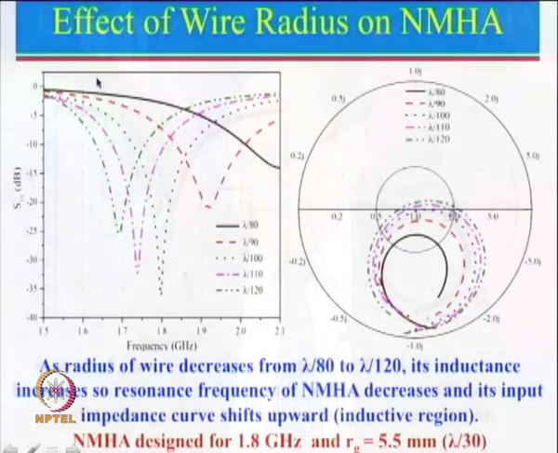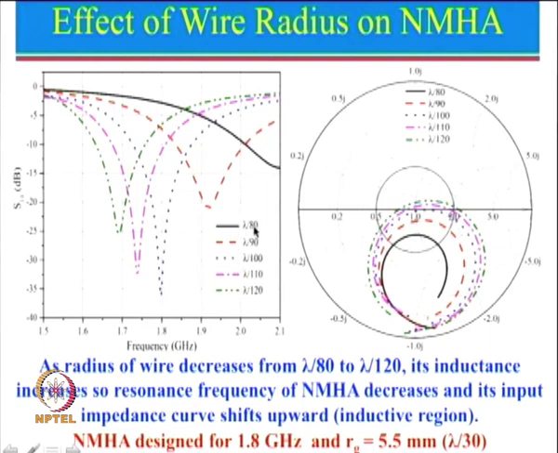After studying the ground plane effect, next we studied the effect of the wire radius, and this really surprised us in the beginning because the effect was very drastic. Just to show you, there are different cases.